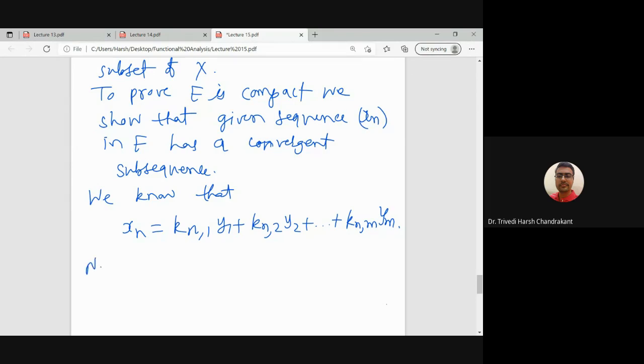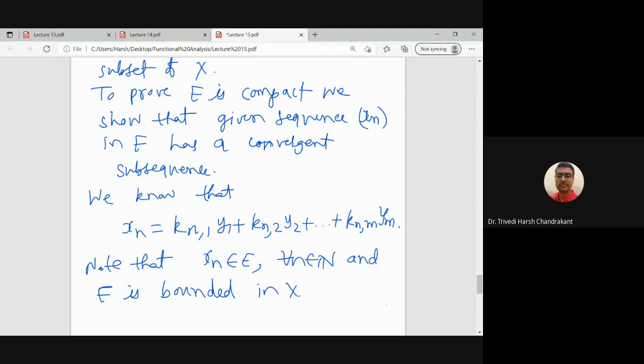So note that xn belongs to E and E is bounded in X, right?